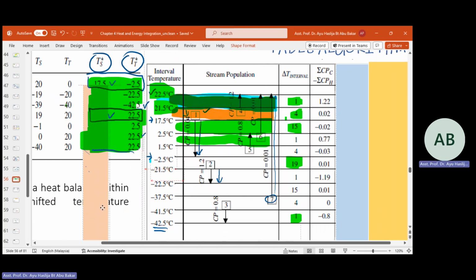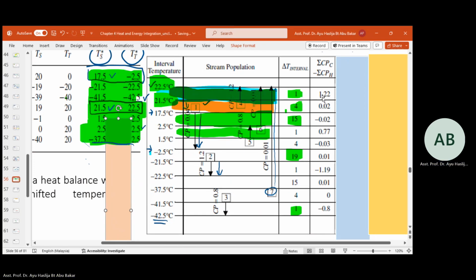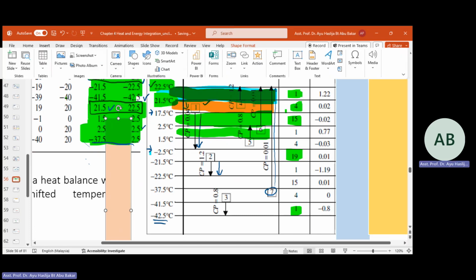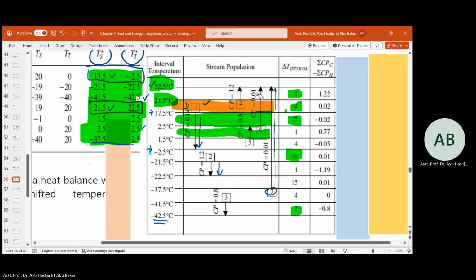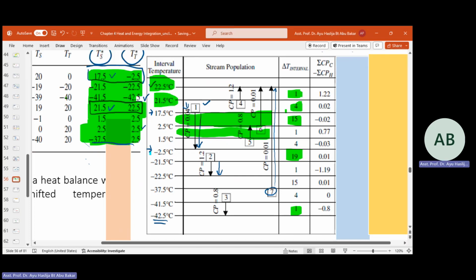Okay, after you get the interval, find the summation of the CP. Okay, the summation of the CP, you must get it correct. CPC minus CPH, because later it will determine the positive and negative signs.